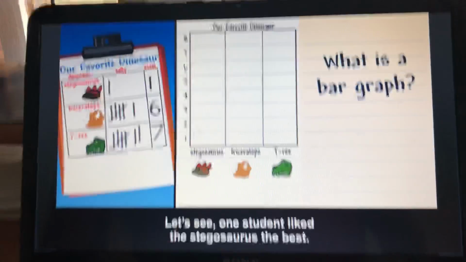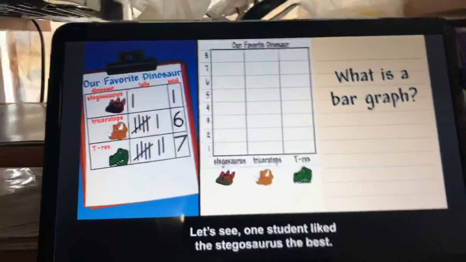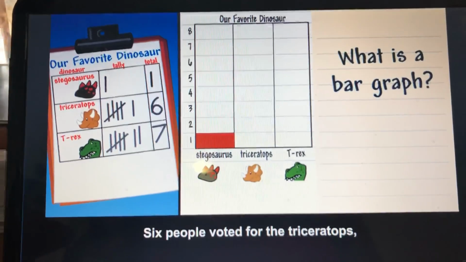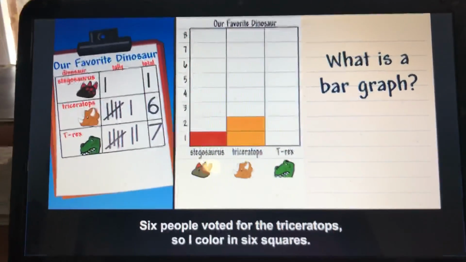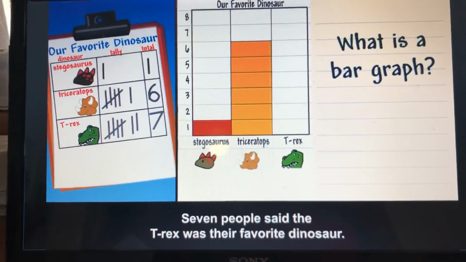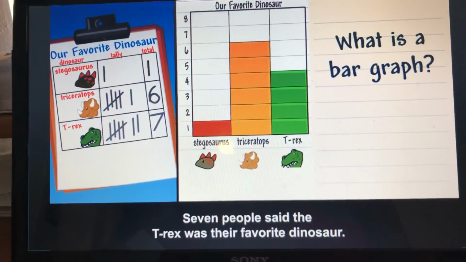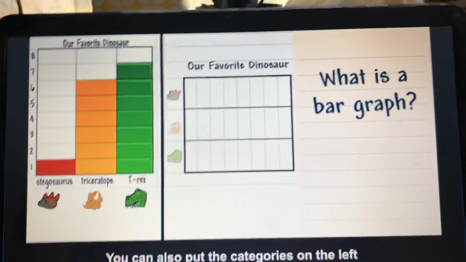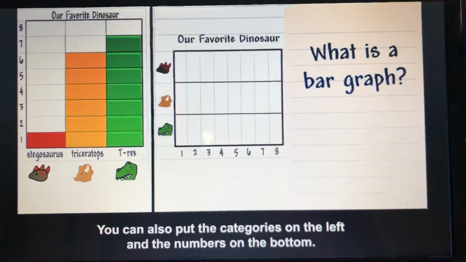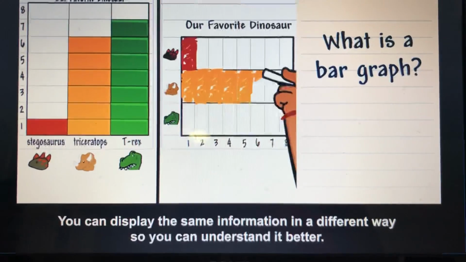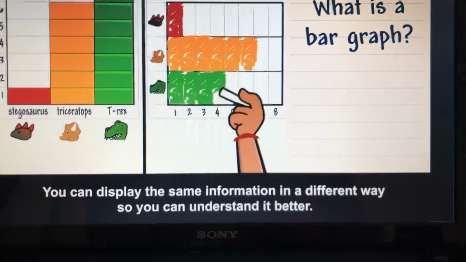One student liked the Stegosaurus the best, so I fill in 1 square. 6 people voted for the Triceratops, so I color in 6 squares. 7 people said the T-Rex was their favorite dinosaur. You can also put the categories on the left and the numbers on the bottom. You can display the same information in a different way so you can understand it better.